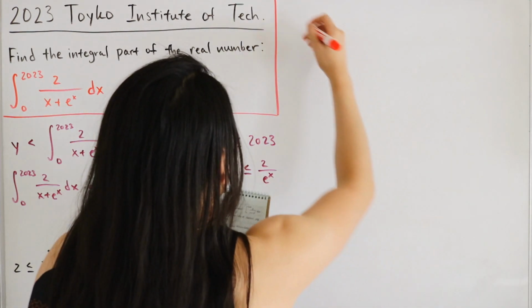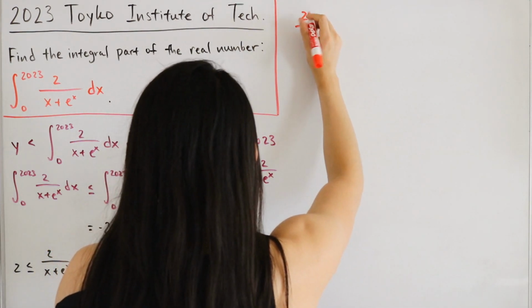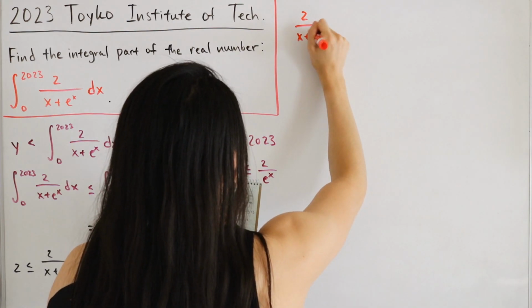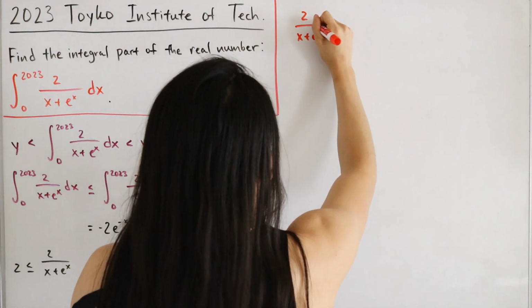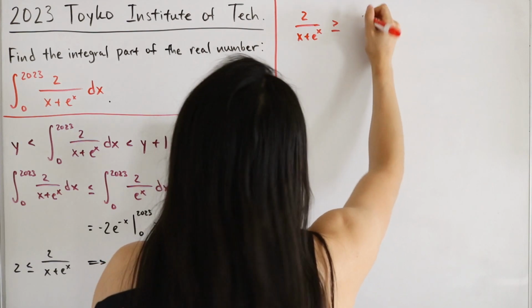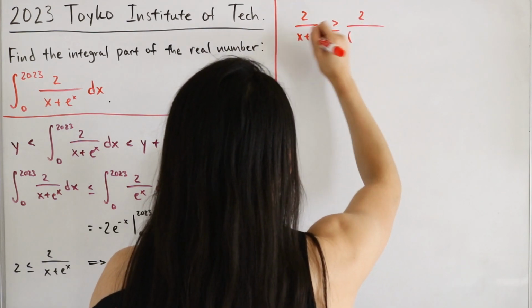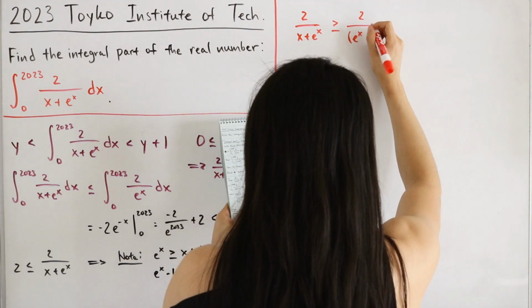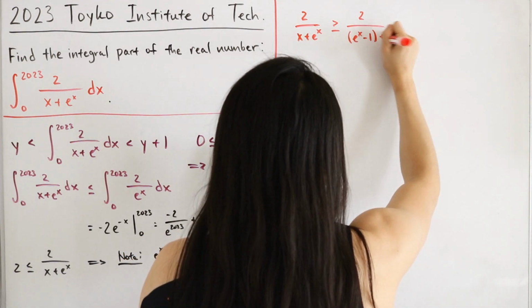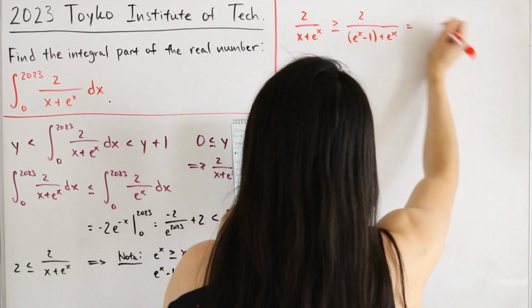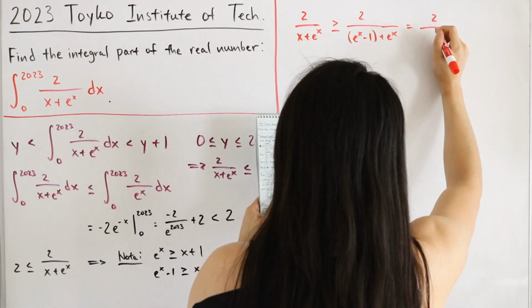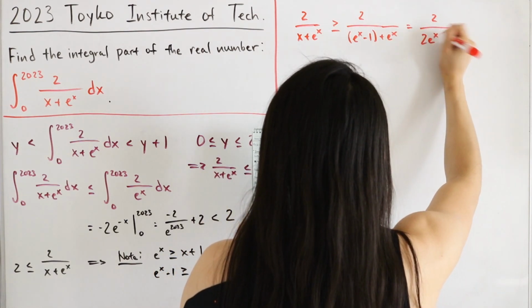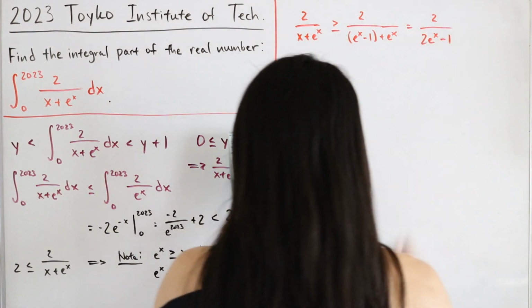So with that, that means I have that 2 divided by x plus e to the power x is going to be greater than or equal to 2 divided by, so replace this x with e to the power x minus 1, and then plus e to the power x, which of course is the same thing as 2 divided by 2 times e to the power x subtract 1.